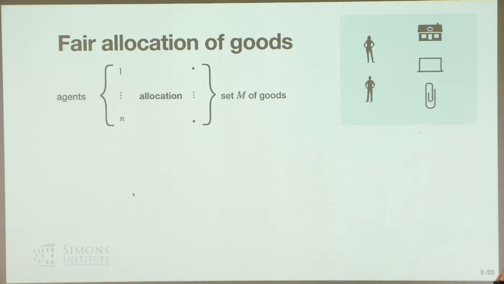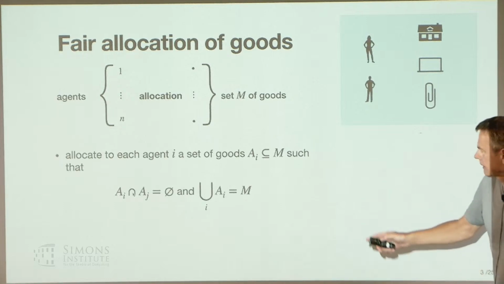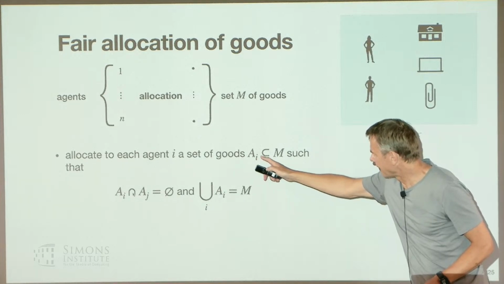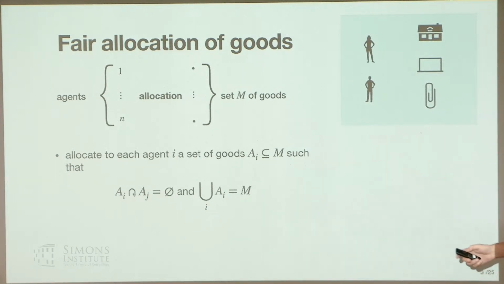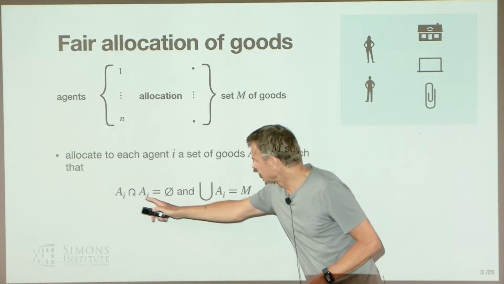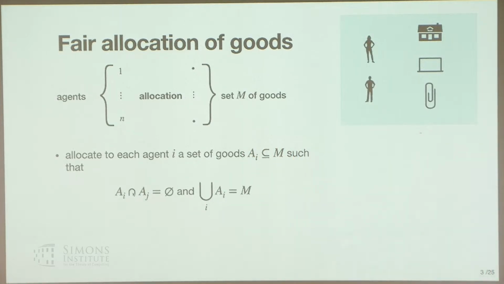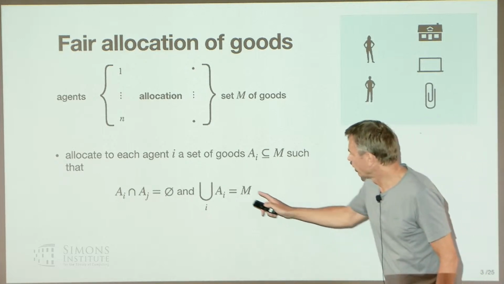Each agent i will receive a subset A_i of the set of goods. And the same good can't be allocated to two different agents. We also want to allocate all the goods.